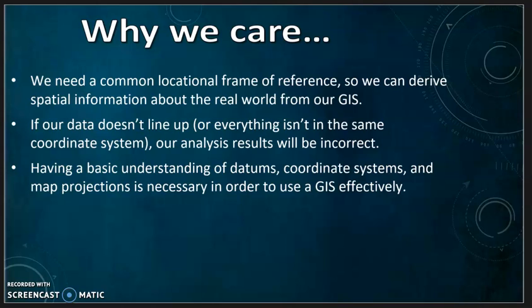So they might be in one projected coordinate system, but they have a different geographic coordinate system associated with it. So it looks like everything lines up, but a small shift and your whole analysis and results could go wrong. Having a basic understanding of datums, coordinate systems, and map projections is necessary in order to use a GIS effectively.